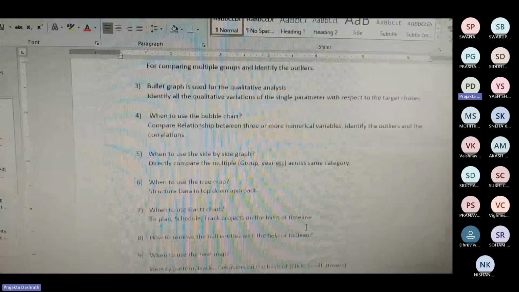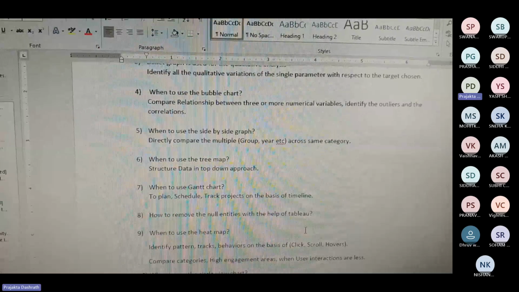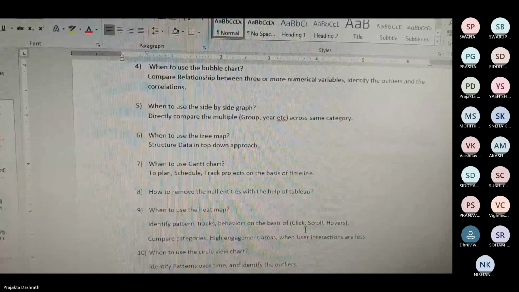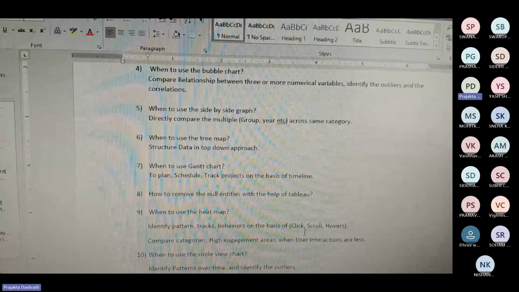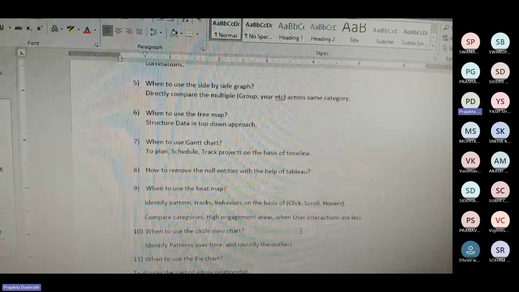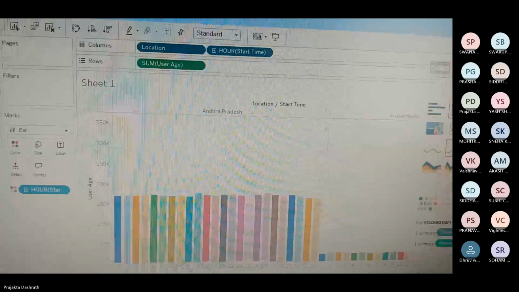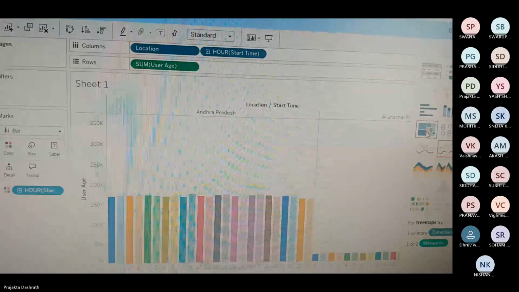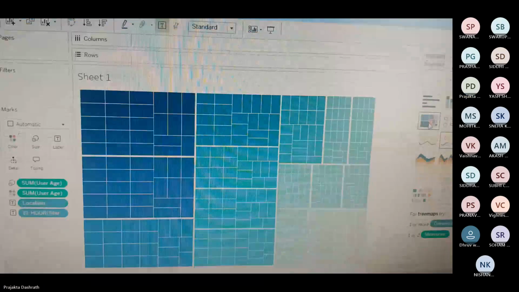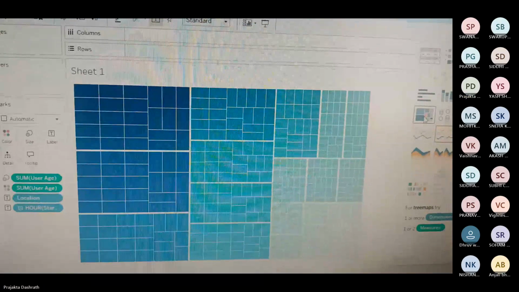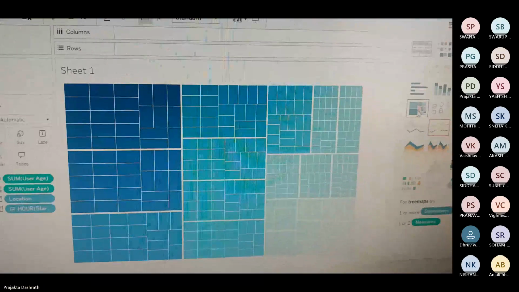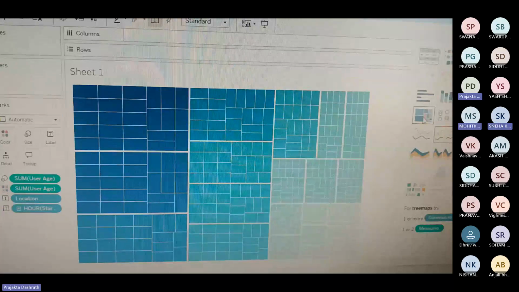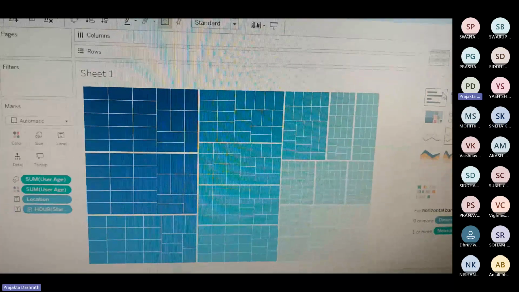After that, when to use tree map? To structure data in a top-down approach. What is a tree map? Identify the tree map. Is this a tree map? Yes or no? Students, you are expected to answer.